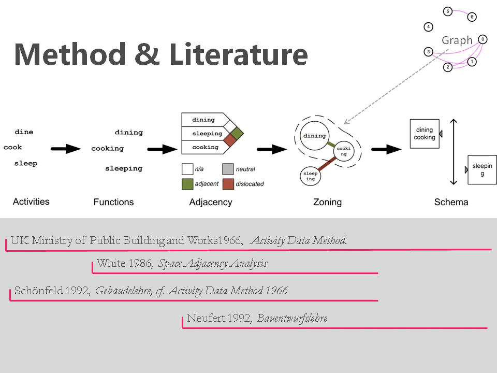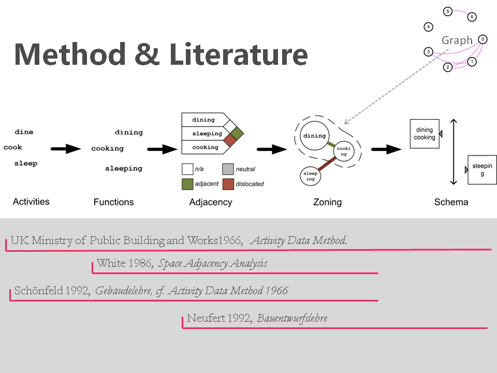But we also have another way in which to write it: let's have a zoning graph, or a bubble diagram, it's called, where every function is a bubble, and between each two bubbles you put a line and give that line the color that either says it should be close or adjacent, green color, or it should be dislocated or far away, red color. And if there is no relationship between two functions, let's say between dining and sleeping in the example, just leave the line out.